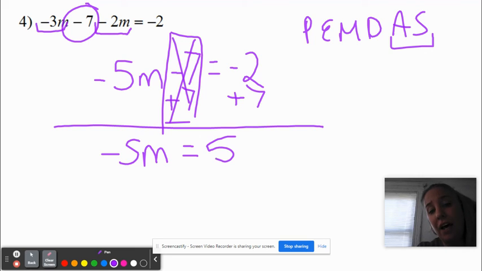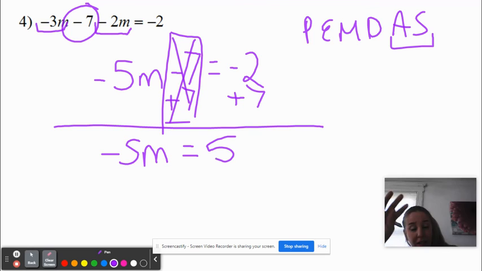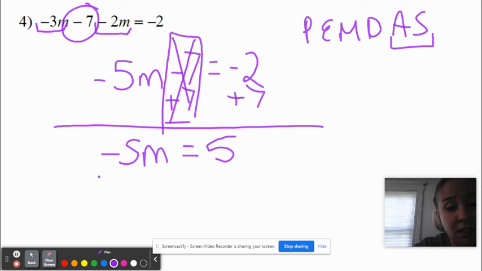Now I have negative 5m. So you've got to ask yourself what's happening. I have a lot of students tempted to add 5 to both sides. That's not what's happening here. It's negative 5 times m. So to undo the times, we have to divide by that negative 5, by that coefficient.